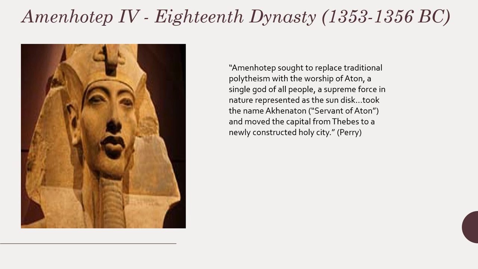This is the thing that Amenhotep is most known for, and that is changing the religious belief system, or trying to anyway, moving Egypt from polytheism, belief in multiple gods, to belief in one god, god Aten.